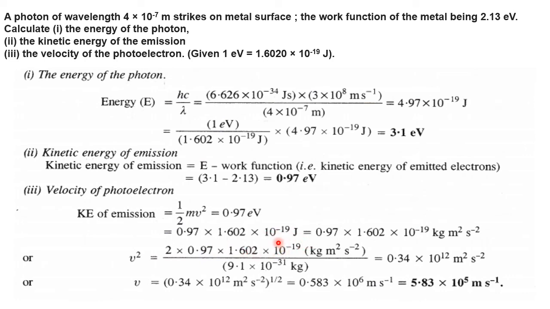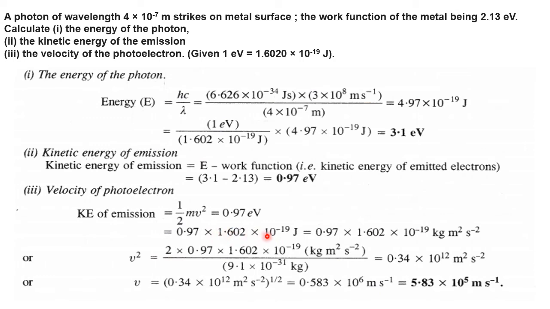Now, what is 1 joule equal to? 1 joule equal to 1 kilogram meter square per second square. This is the factor we learnt in chemistry as well as in physics. Therefore, it is 2 into 0.97 into 1.602 into 10 to the power minus 19 joules, or kilogram meter square per second square. Why kilogram? Because mass of the electron is in kilograms, so we have to go for similar units.